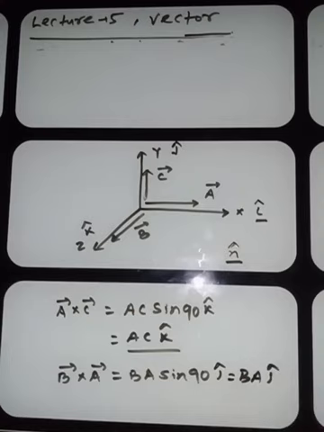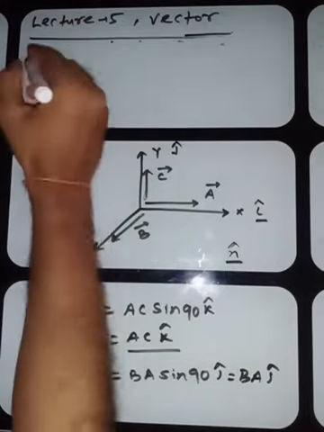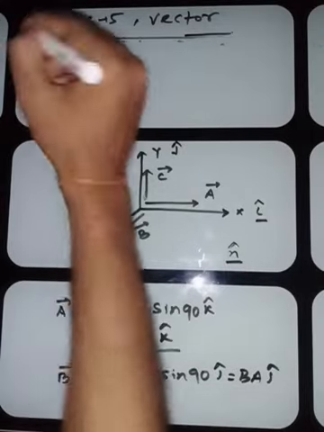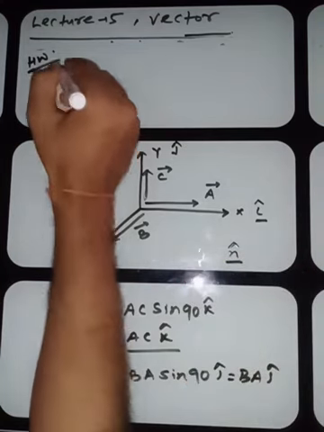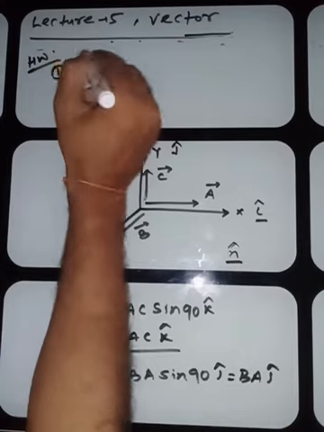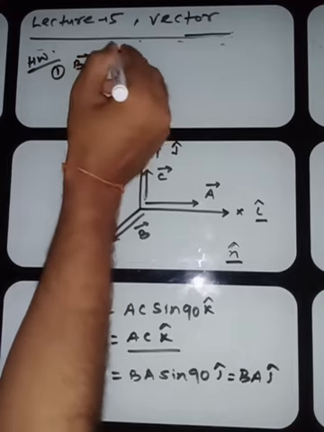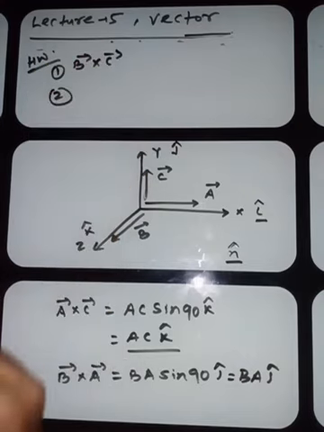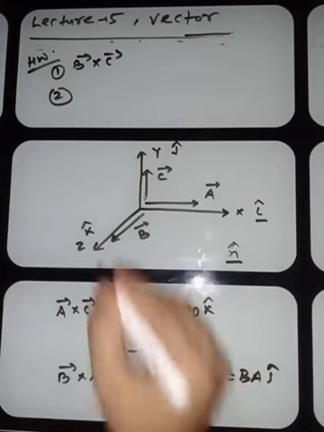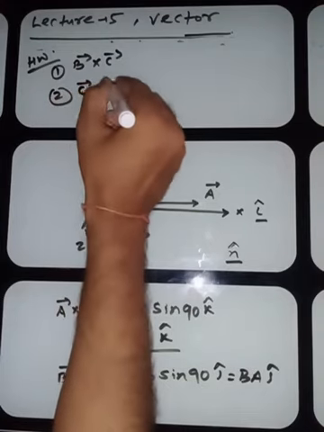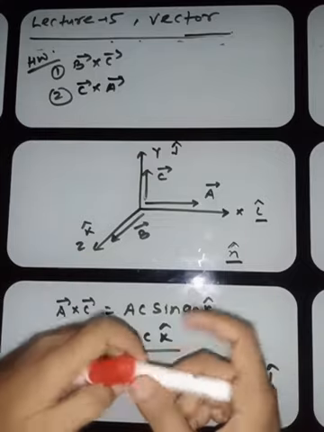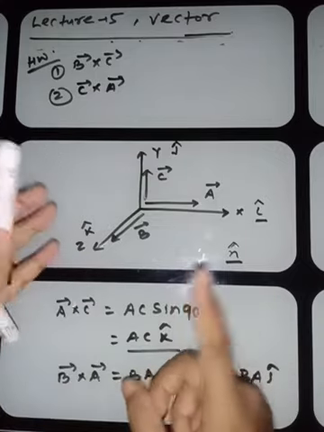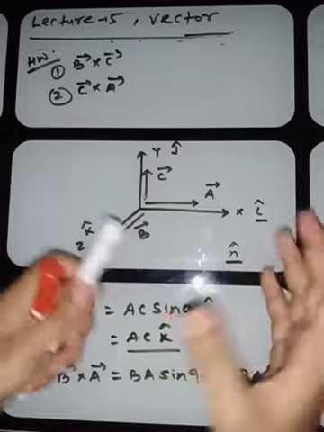Okay, last one. This is for you, and this will be your homework. I will not tell you. The first one, B cross C. The second one, C cross A. Remember, you have to write the answer not using your IQ, thinking that if A cross C is written like this, then what would C cross A be?